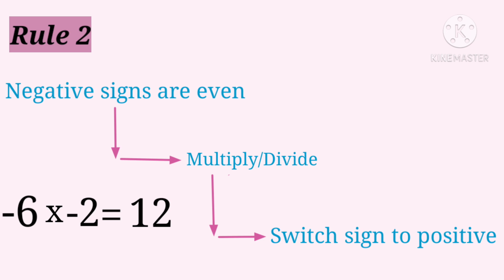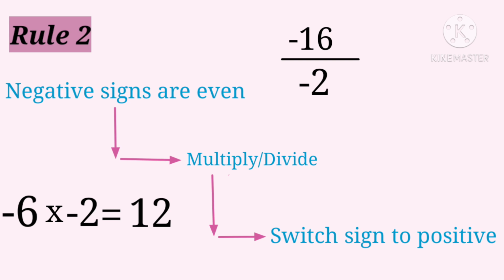How about negative 16 divided by negative 2? The 16 is negative and the 2 is also negative. This means we have an even number of negative signs. So we simply find the quotient of both numbers and switch the sign to positive to obtain our answer.